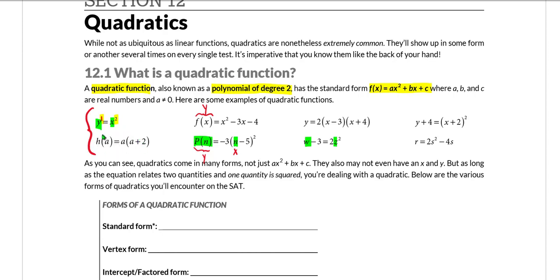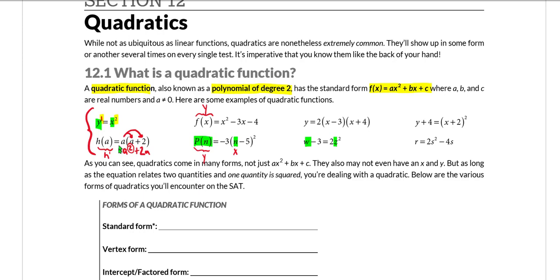Even in cases like this example here, h of a, if we were to distribute the a outside those parentheses to the terms inside, we would get a squared plus 2a, and again the a would be squared. H of a, which like I said before is like a y, or you could just call that an h, that is to the first. So anytime we have an equation or a relationship between two variables where one variable is squared and one variable is to the first, that is a quadratic relationship. You need to know how to spot when you are dealing with a quadratic relationship.